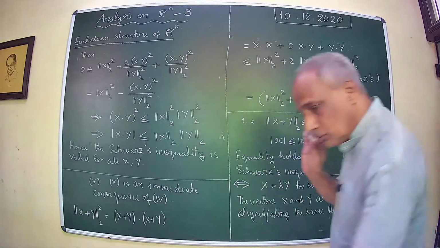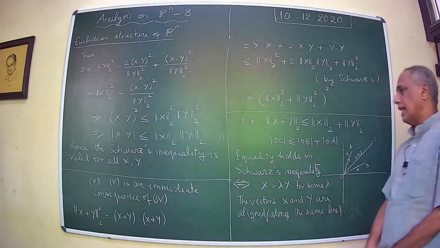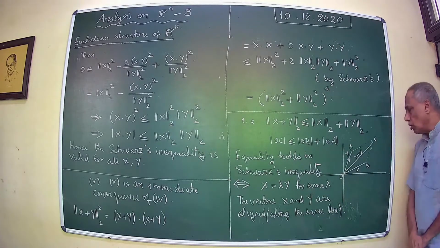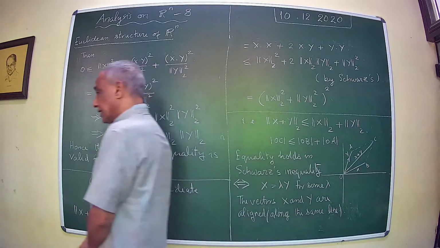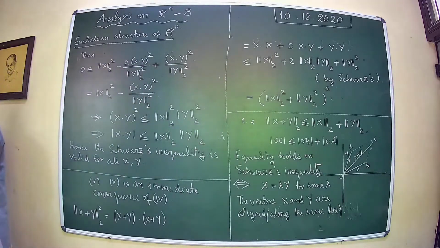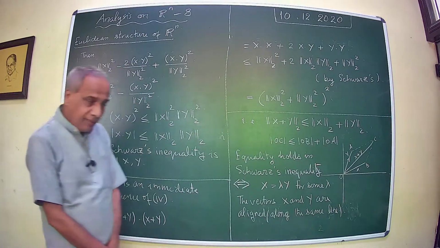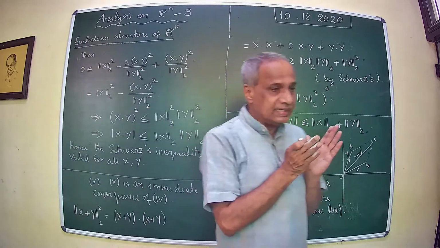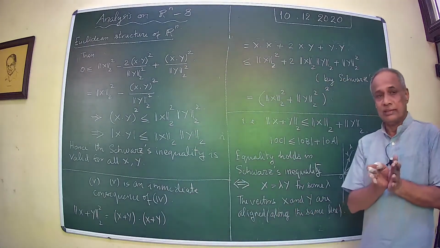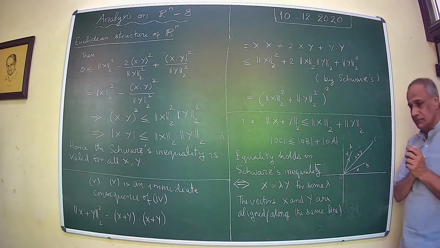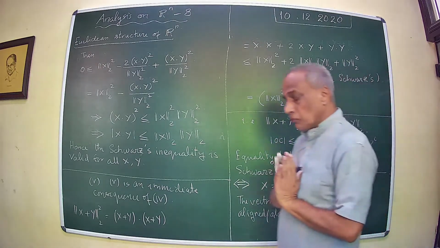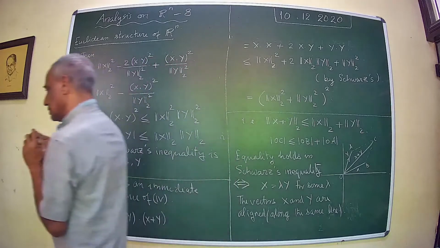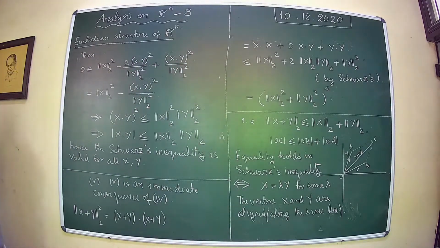But what you should observe is the role of R2 and R3 in understanding the problem. Okay? So we have the geometric insight into the structure of R2 and R3. From that, a lot of things can be read out. When you generalize, you don't have that vision.